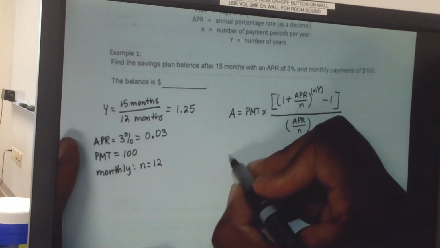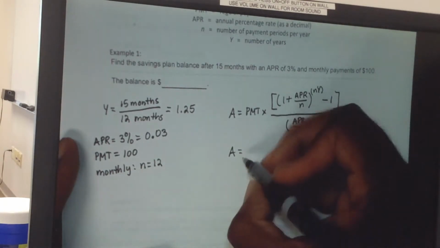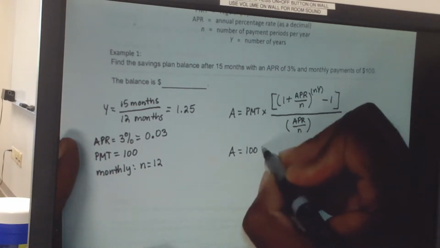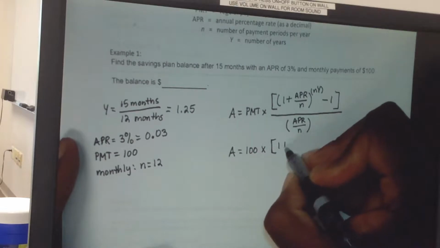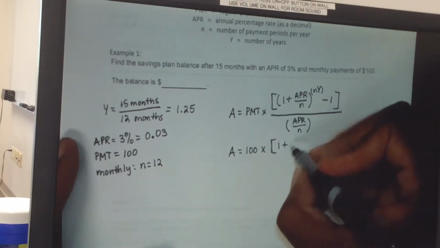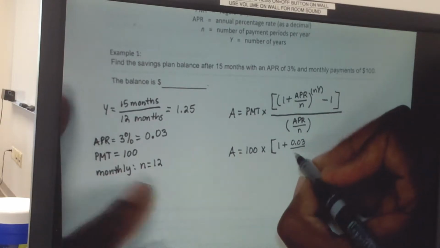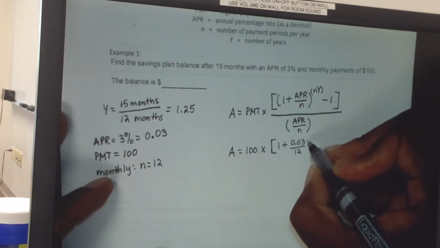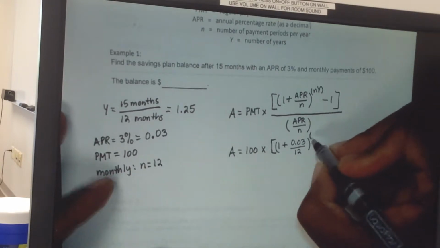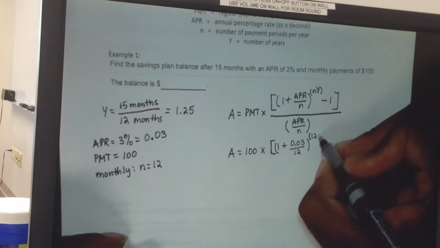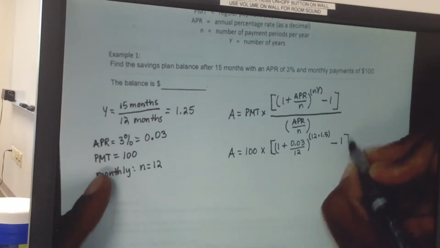In this case, A is equal to the payment PMT, which is $100, times 1 plus your APR, 0.03, divided by N, that's going to be 12, and that quantity is to the N times Y. N is 12, and your Y is going to be 1.25, and then minus 1.